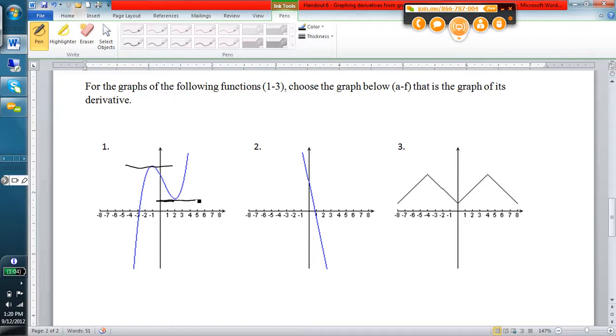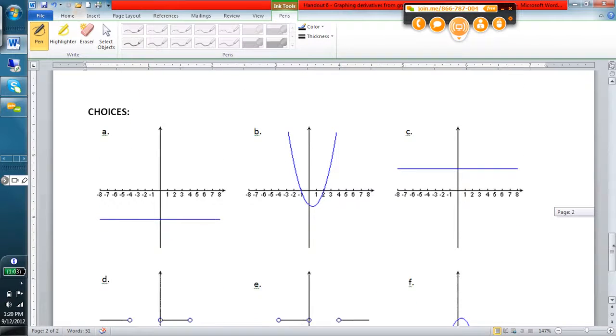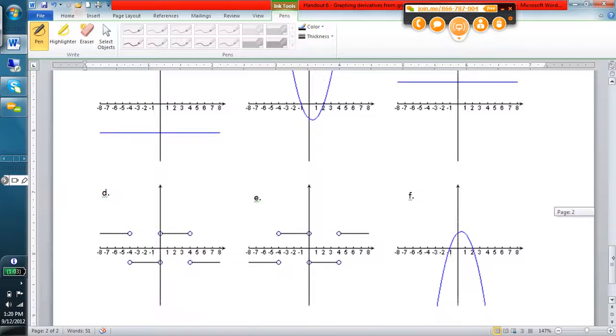All right, so I've got horizontal tangents at -2 and +2. What does that translate into on the graph of the derivative of the function? X-intercepts, right? So those are going to be x-intercepts. So just taking a peek down here at my choices, do I have any that have x-intercepts at both -2 and +2?